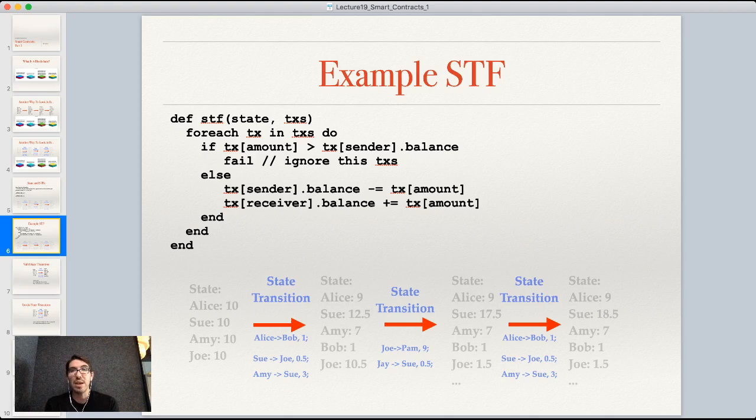That's the case where the sender doesn't have enough tokens to actually send, like somebody that has 5 tokens and tries to send 100. Otherwise, we reduce the amount in the sender's balance by the transaction amount and increase the amount in the receiver's balance.